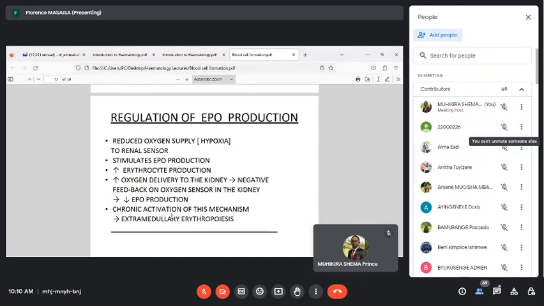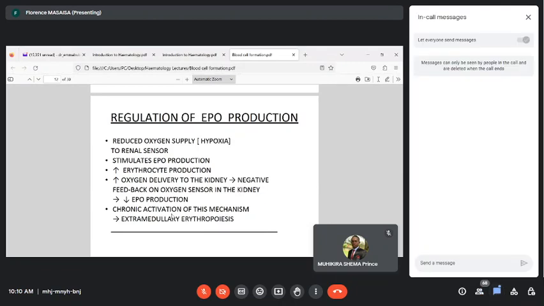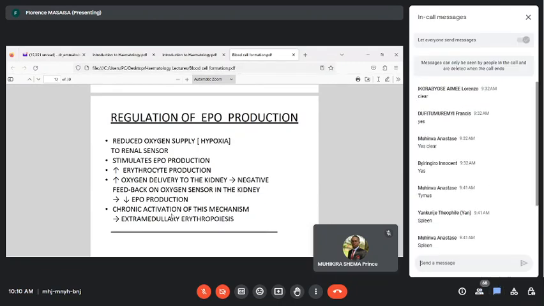So who can tell us a condition that makes the patient have chronic activation of this mechanism? Just an example of a condition causing chronic activation of this mechanism. Just a guess.